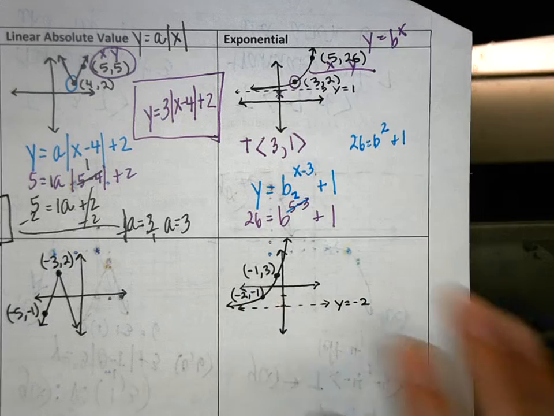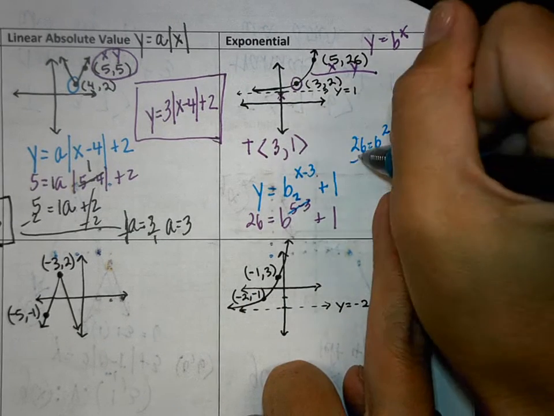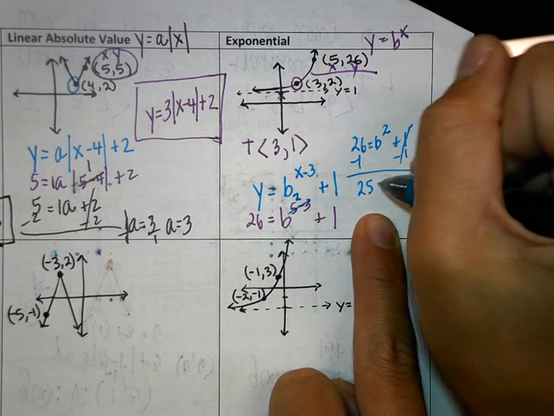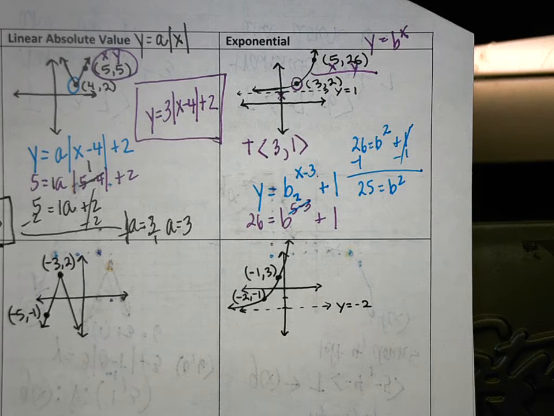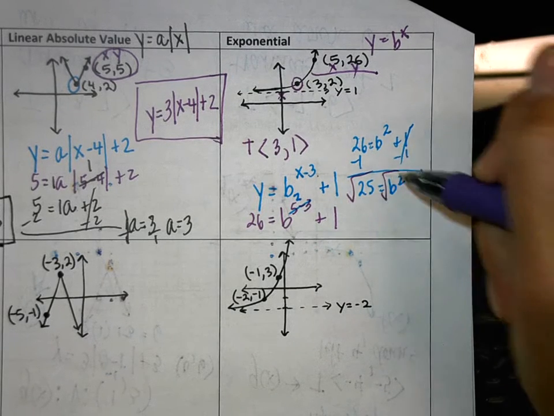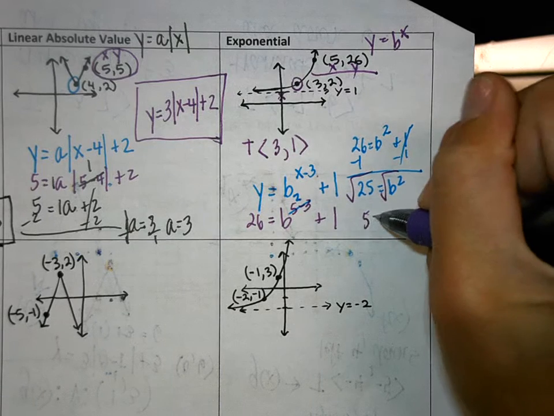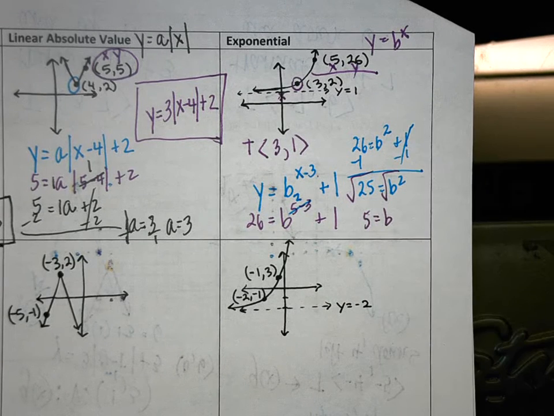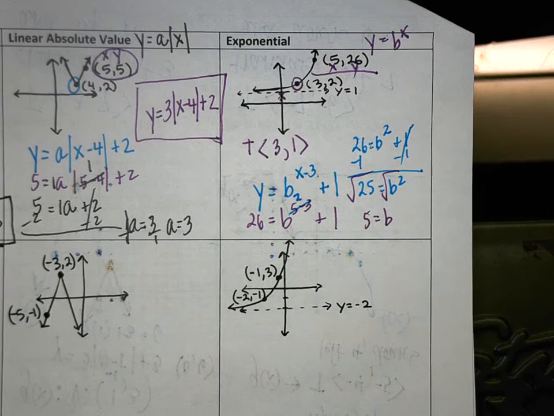What will I do next? Good. Subtract 1. 25 equals b to the second. And if I want to find just b, what will I do next? Good. Take the square root of both sides, and so the square root of 25 is 5 equals b. So now that we have that, what is my equation?